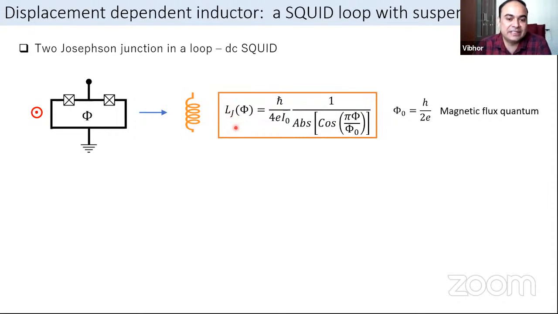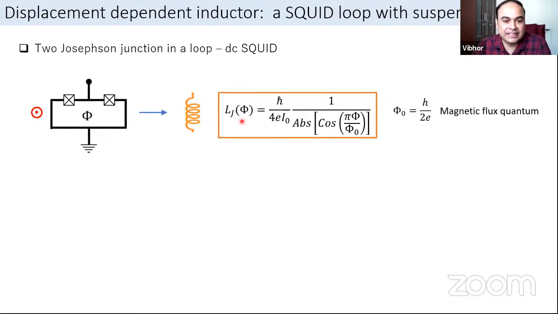But here what we have is that inductance depends on the magnetic flux value. So that makes it anharmonic, okay? More than that, it is actually periodic, and the periodicity is half flux quantum because of this absolute function coming in here. And since it is made from superconductors, it's an example of a dissipationless inductor. So a SQUID loop is essentially a dissipationless, nonlinear, periodic inductor, okay?